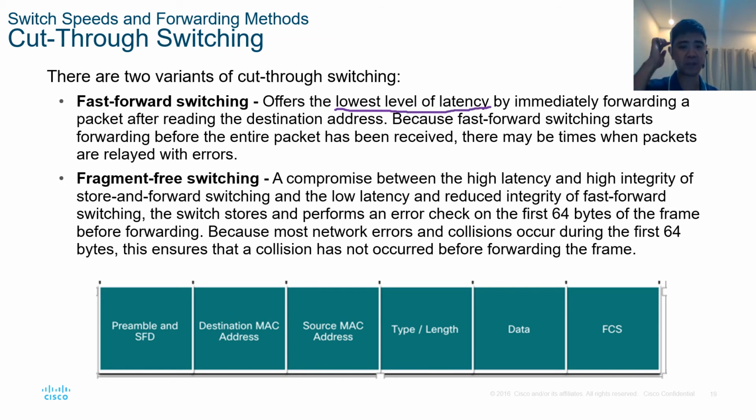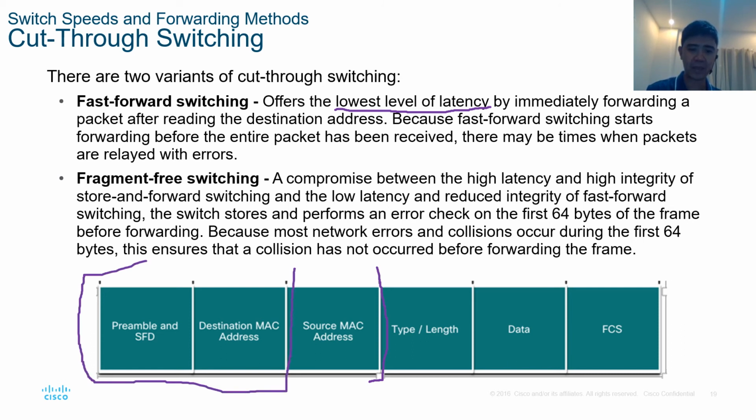The good thing with fast forward is that it has low latency, meaning the delay or time of travel is lower, so it's faster in terms of the travel. Take note that what is only needed by the switch is the MAC address.